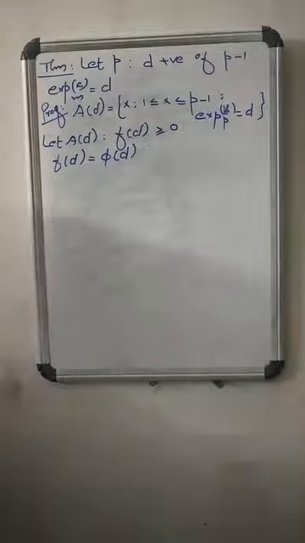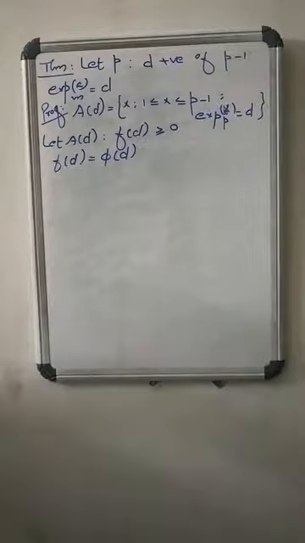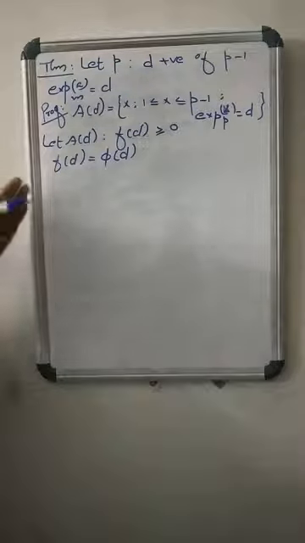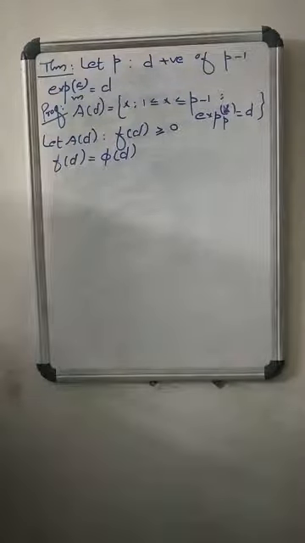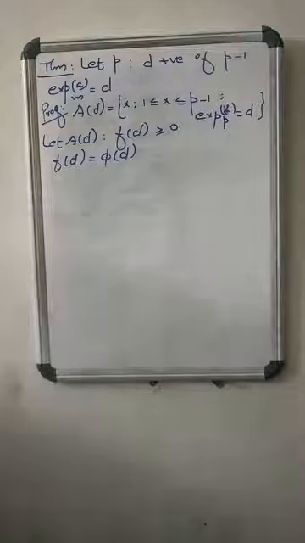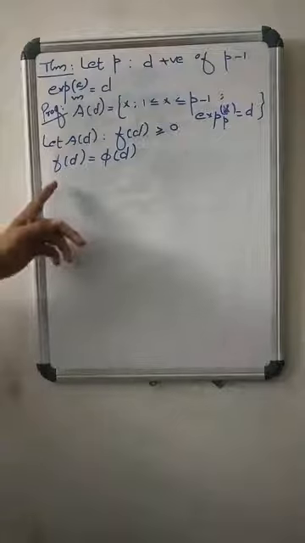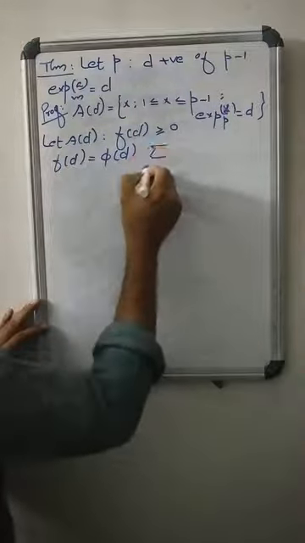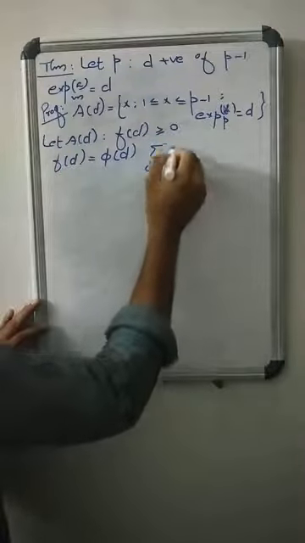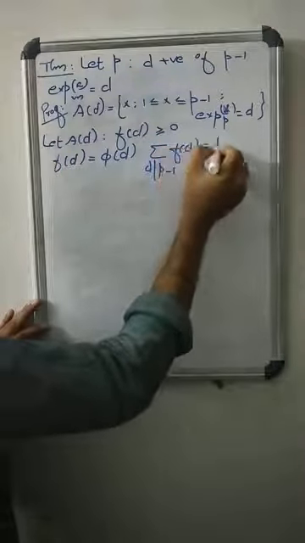Now clearly the sets A of D are disjoint, since the numbers 1, 2, 3, up to P minus 1 are distributed into disjoint sets A of D. Then we have the sum over D dividing P minus 1 of f of D equals P minus 1.